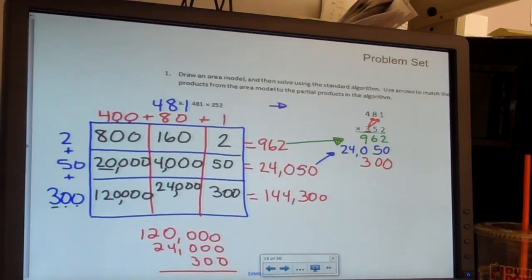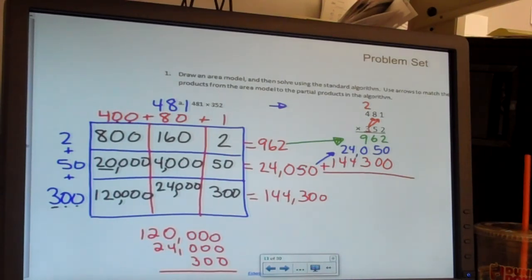Brady, help him out. 24. We're going to drop our 4, carry our 2, and then we're going to do 3 times 4. Spencer, 3 times 4? 12. Plus 2? 14.